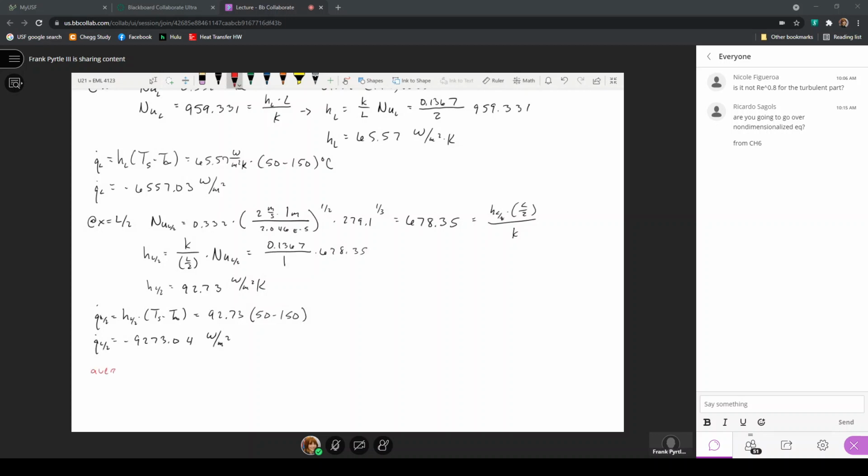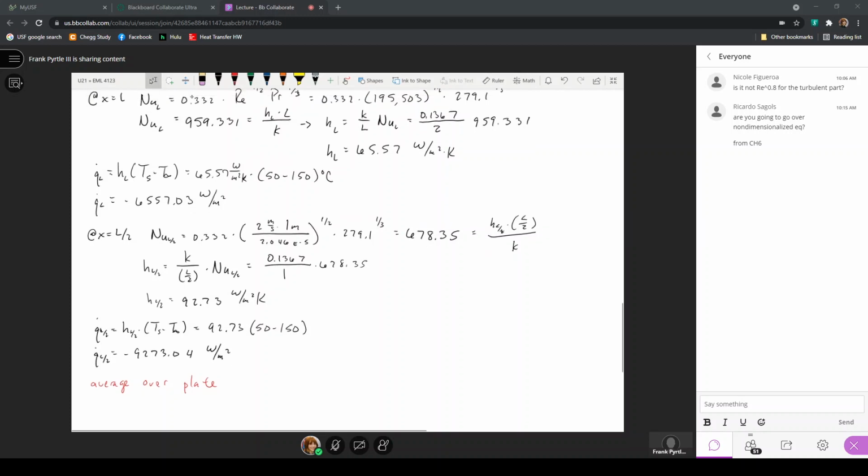Let's see, the average over the plate. So if we know that the heat transfer coefficient varies with X to the minus 1/2, with it being infinite at X equals 0 and minimal at the trailing edge, because that's where the end of the plate is, the average heat transfer coefficient should be greater than 65.57, with the highest value being infinite at X equals 0.